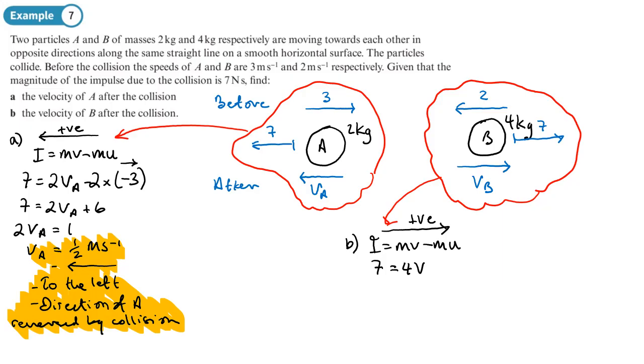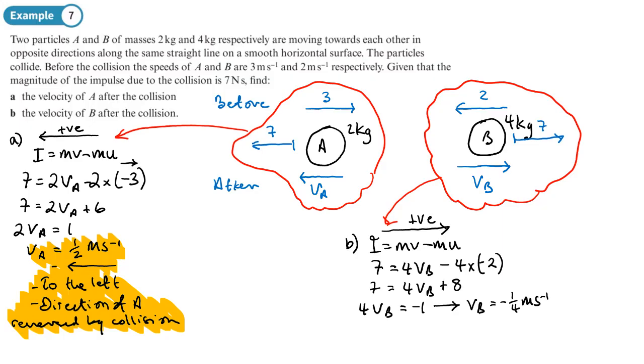The velocity is VB after the collision minus 4 times. Now before the collision, it's doing 2, but in the other direction. So that will give me 7 equals 4 VB plus 8. So we'll take 8 away from both sides. We get 4 VB equals -1, which gives us VB equals -1/4 or -0.25.